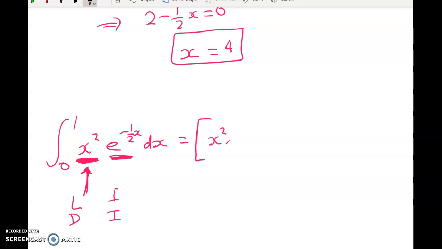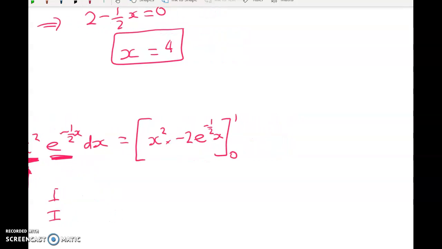So we get x squared times negative 2 e to the negative half x at 0 and 1, minus the integral of 2x, differentiating, times negative 2 e to the negative half x dx. Now the easiest place to muck these up is with sign errors, so we're going to avoid that.